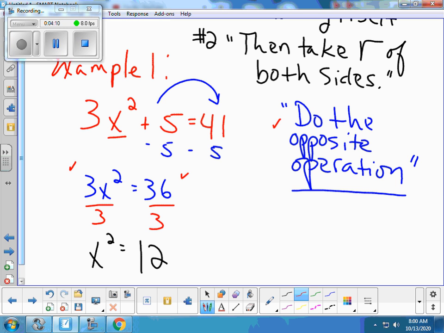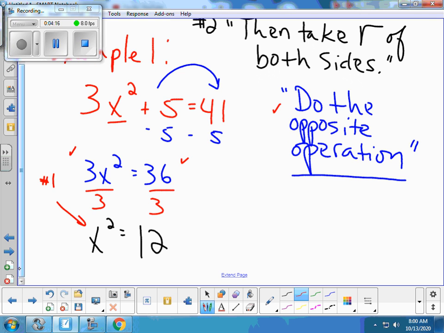Now, so step 1, get this by itself. And then step 2, take the square root of both sides. Okay, and your answer, this 12 is not a perfect square, so just leave it under the square root. So your answer is x is positive and negative the square root of 12. Does anybody know what those, I call them double squigglies?